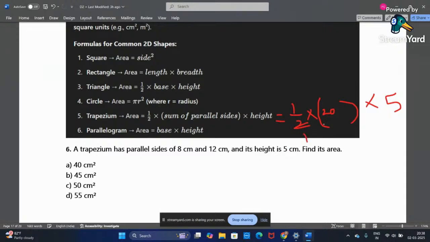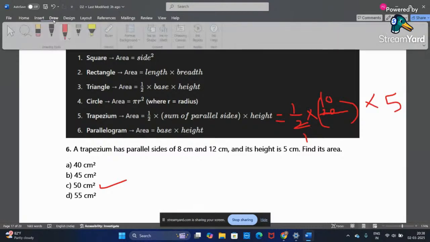So 2 ones are 2, 2 10s are 10 into 5, it is 50. And centimeter, we get centimeter square. These are a few questions in area.